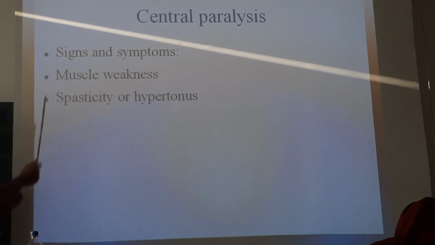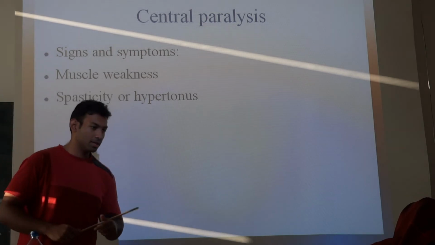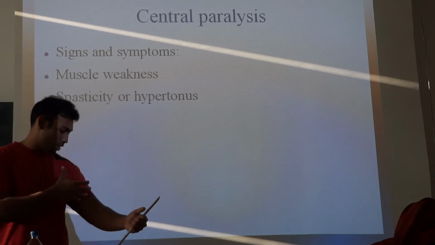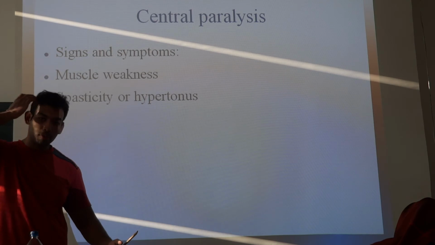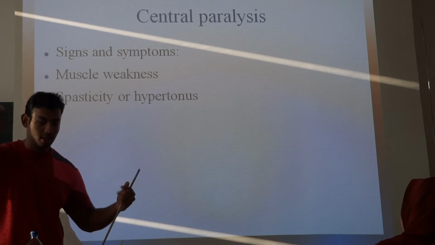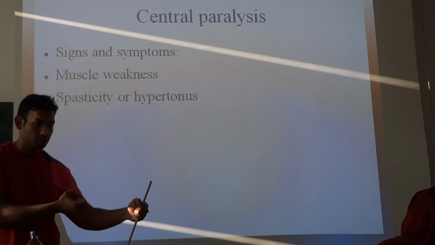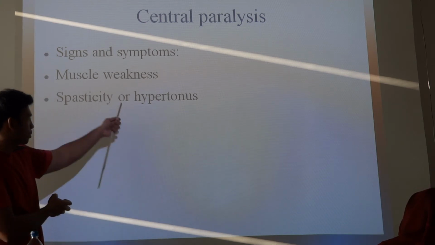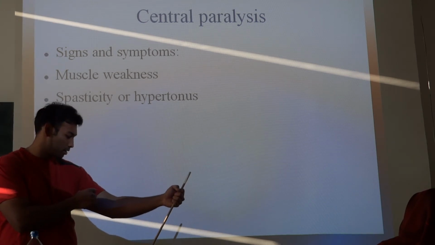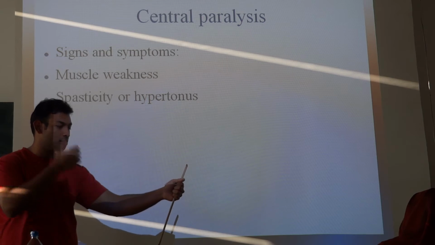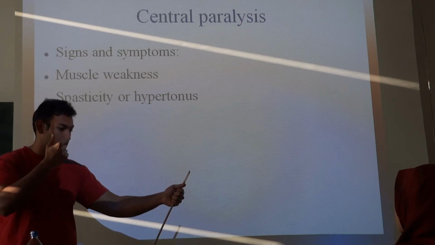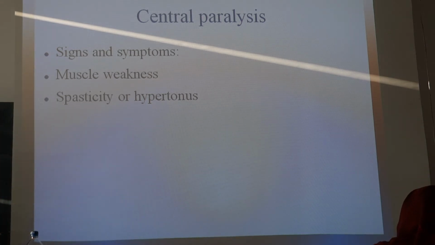Next is spasticity. Now, what that means is these people, when they have a lesion in the upper motor neuron or the central paralysis, their muscles are spastic. They have a tone. They're hypertonus.